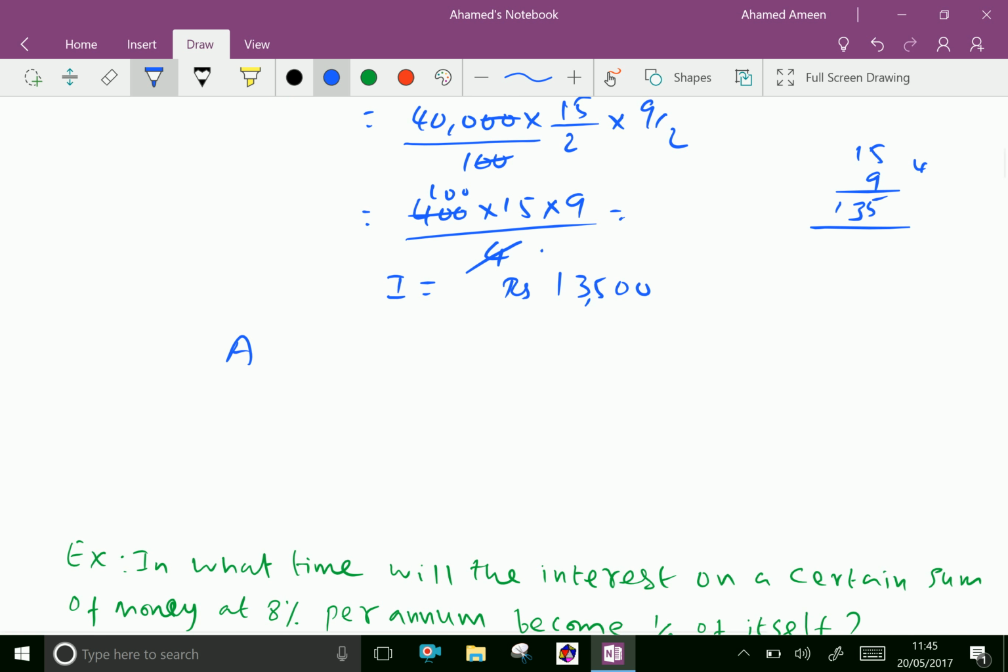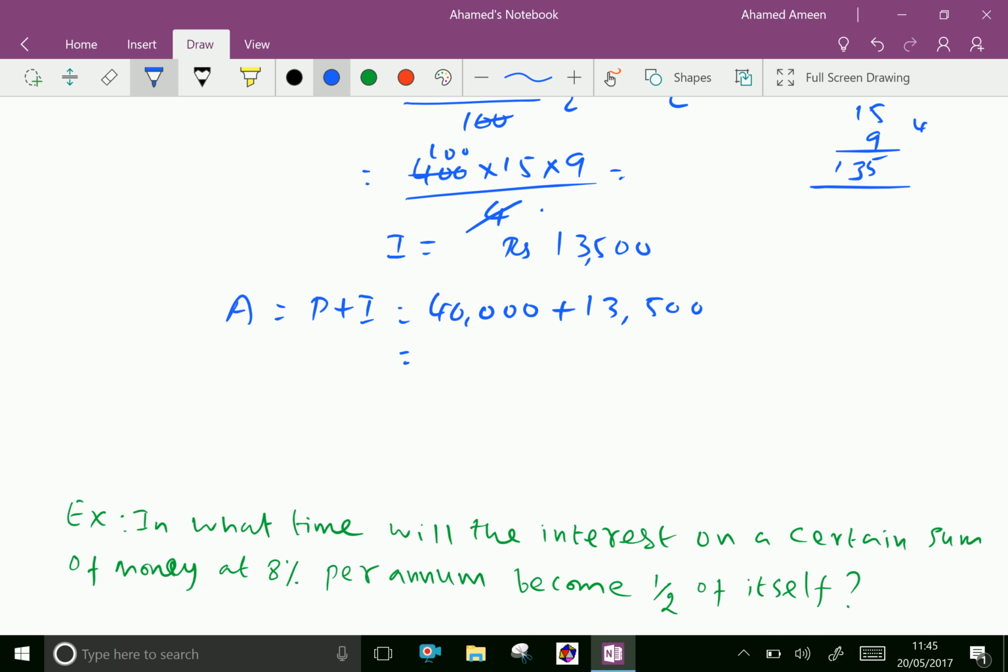Therefore, amount received equals P plus I. P is 40,000 plus 13,500, which equals 53,500 is the total amount received.